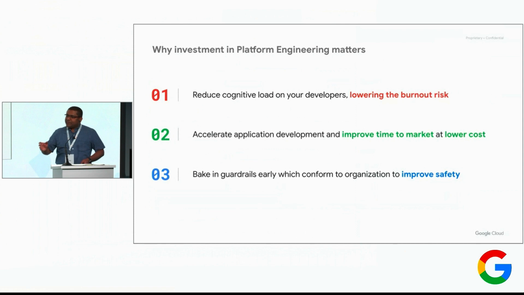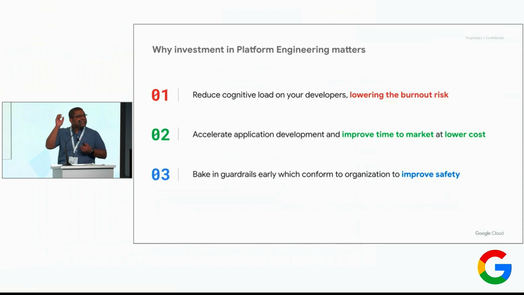Again, just to repeat what I just said, the objective, why platform engineering matters, is to reduce the cognitive load on your developers, to take the developers' focus away from that red box that you saw earlier on to delivering functionality, just delivering functionality for their apps, accelerate application development, and improve safety by baking in guardrails, right?